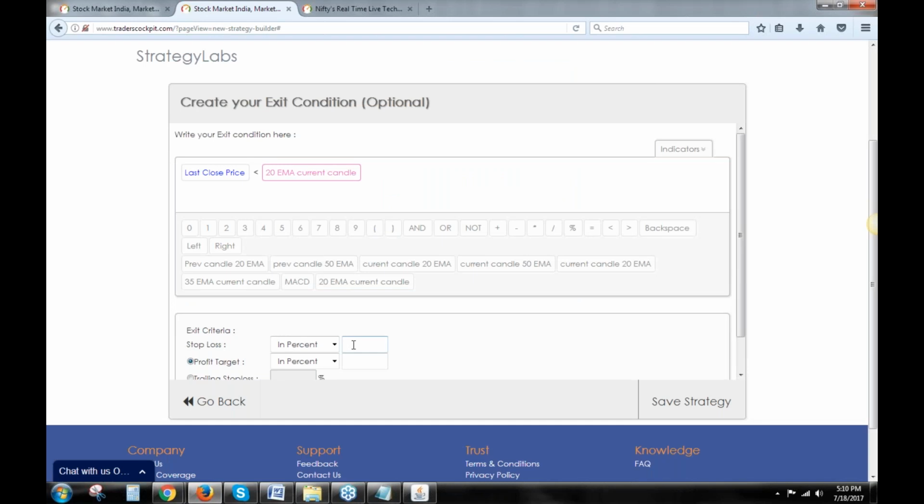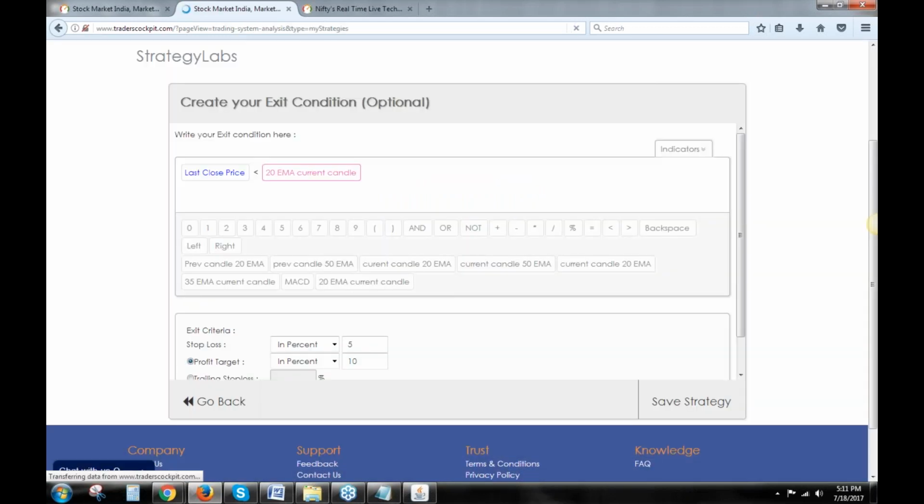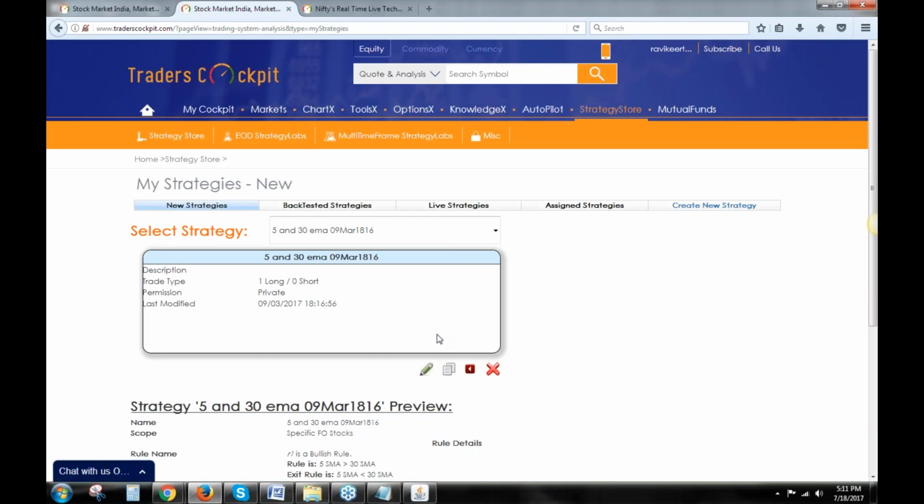Or stop loss, by default I put it as 5% here. And now once I click on the save strategy button, the strategy which has been created goes and saves in my strategy list, as it is showing on the pop-up window. You just need to go to the my strategy page there.